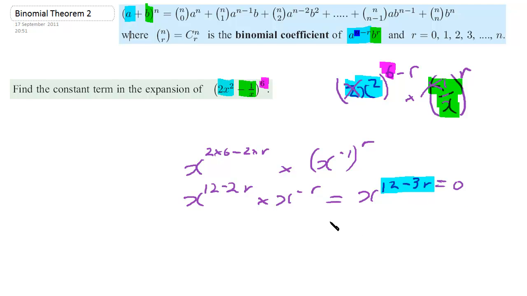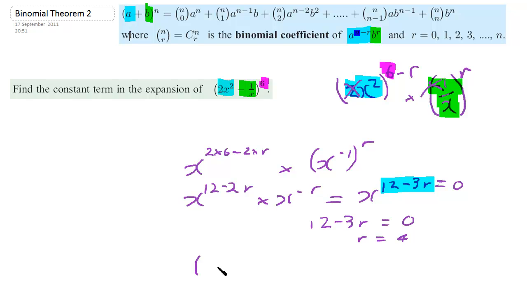So we can see quite clearly 12 minus 3r will equal 0 when r equals 4. So if r equals 4, we can put that back into this expression to find out what the coefficient of x is. Now we need to remember we've got the 2 back, we've got the minus back, and we will need the nCr bit as well. So let's put that all in.